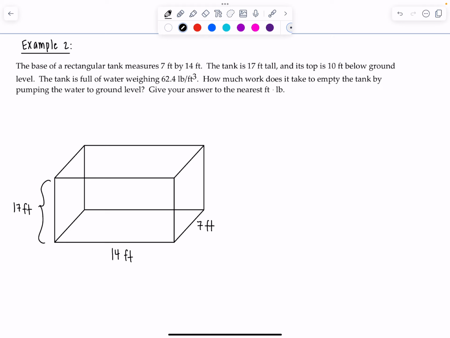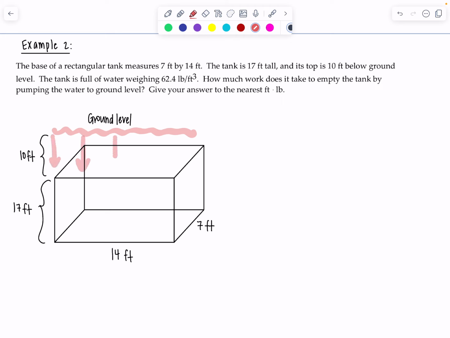And then it's also 10 feet below ground level, the very top. So there's another 10 feet here, and then up here is ground level. Okay. So there's 10 feet of nothingness right below ground level, like just dirt, let's say. Dirt, sand, what have you, okay?